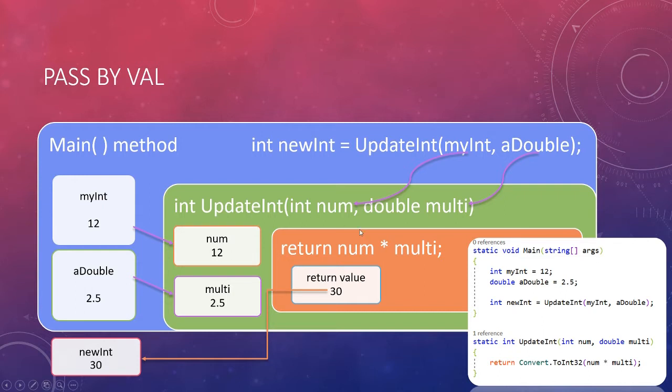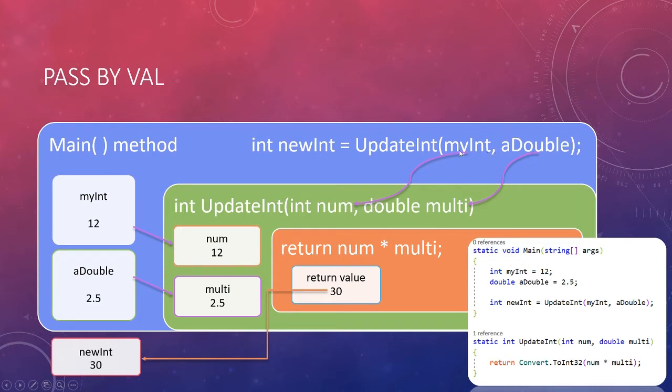In my main method, I have two variables, my int that has a value of 12 and a double that has a value of 2.5. I want to call this method update int, and this method requires an integer and a double as input parameters. So when I call update int, I'll specify my variables that I want used as parameters.